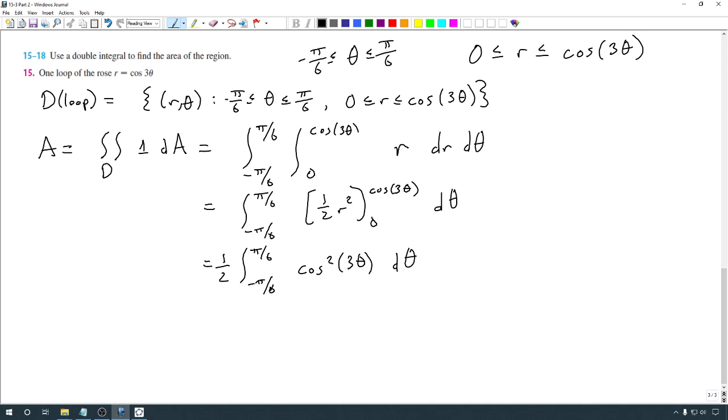If you don't remember, I suggest you go back and review some of this stuff. I think this is in chapter 7. Yeah, it should be section 7.2.